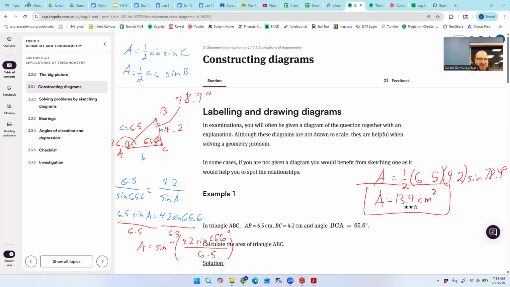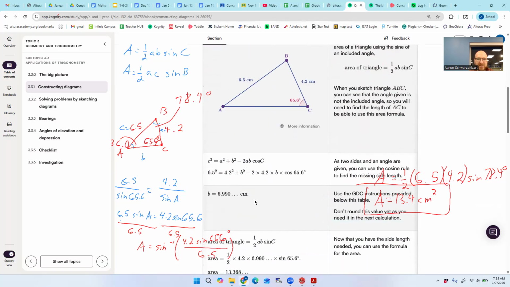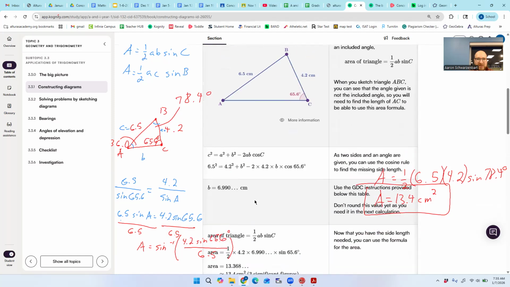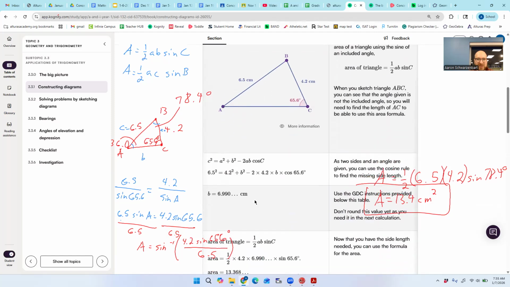Take a look here for just a second, make sure that they think the same. Got the same thing. They used the law of cosines. I guess that could get you this side.